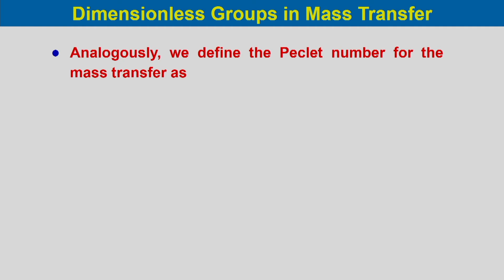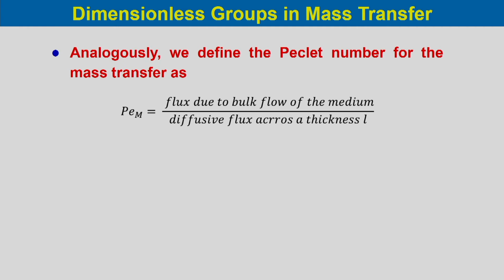In a similar way we can write the analogous number for mass transfer. The Peclet number for mass transfer we define as the flux due to the bulk flow of the medium divided by the diffusive flux across a thickness L. If we write the flux equation, V into delta C is the flux due to the bulk flow, divided by the diffusive flux across a thickness, D AB by L into delta C. If we group them, it will be V L rho by mu into mu by rho D AB.